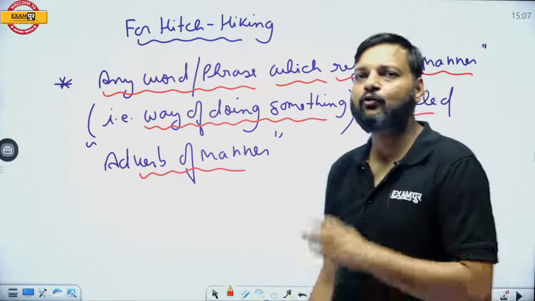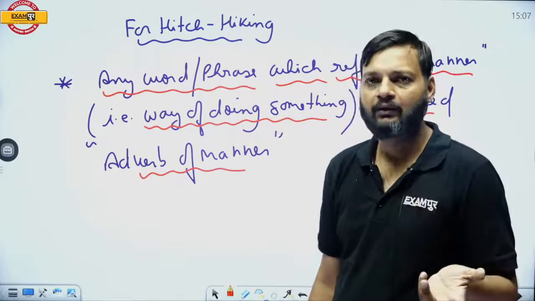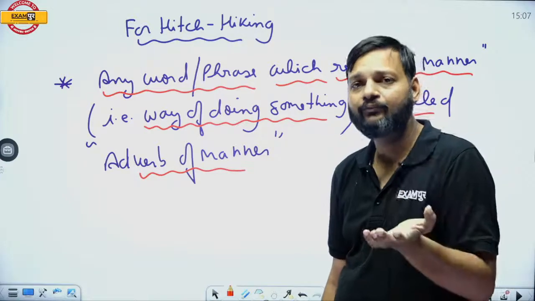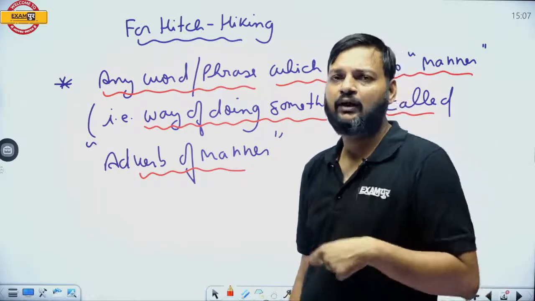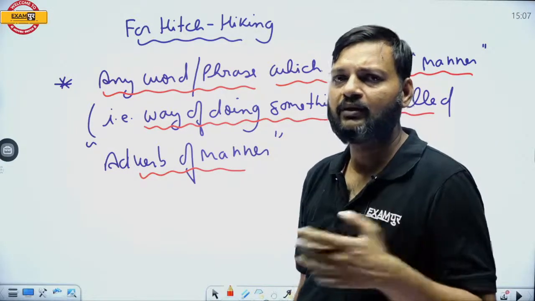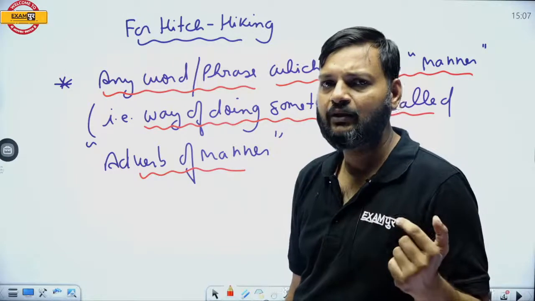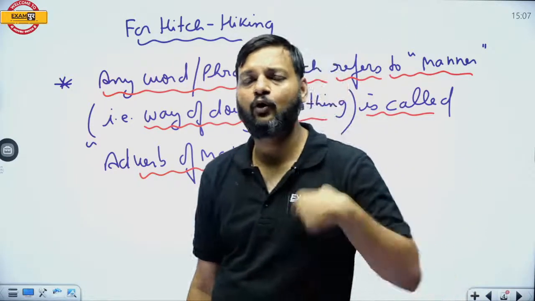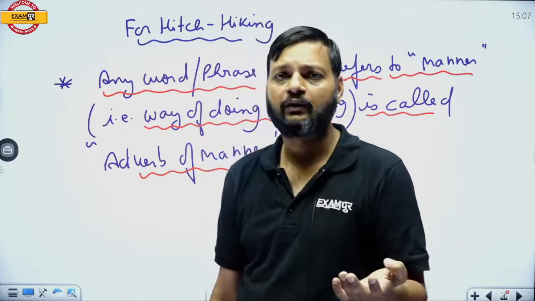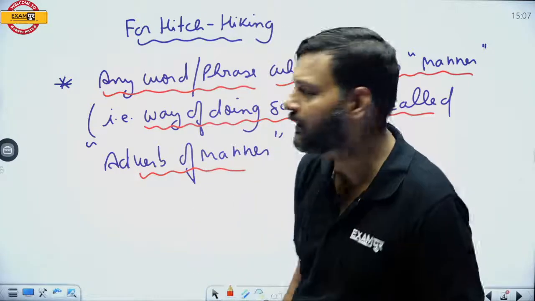So the manager is going home hitchhiking. How is he going? For example, if you said to me, sir, I was going to the market, I'd ask how were you going, in what way were you going?